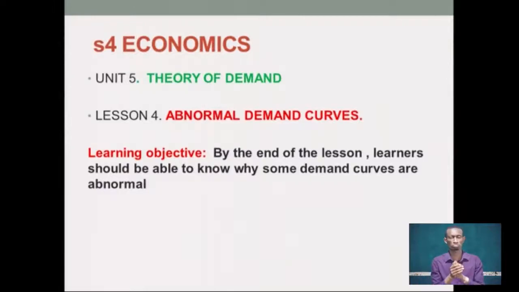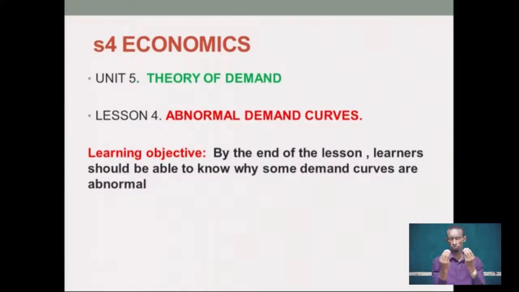In the previous lesson, learners, you remember we talked about the shape of the demand curve, whereby we said the demand curve slopes from left to right downwards. And we saw the economic reasons as to why that happens.